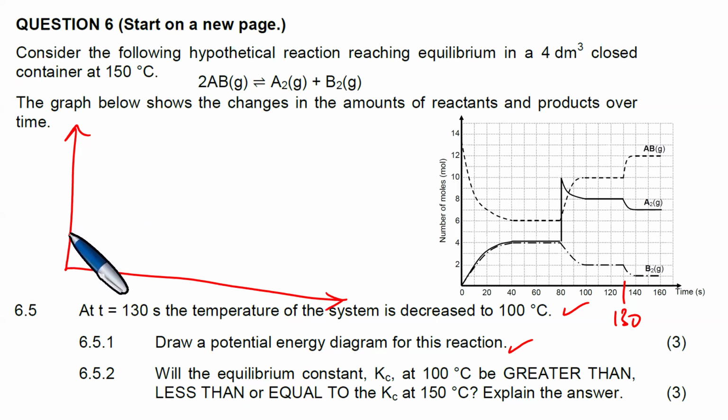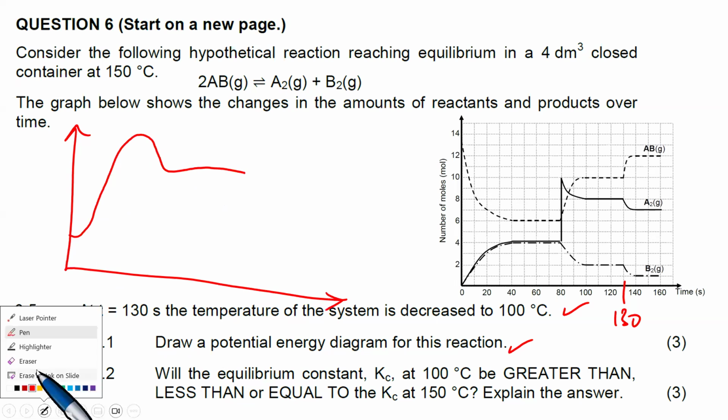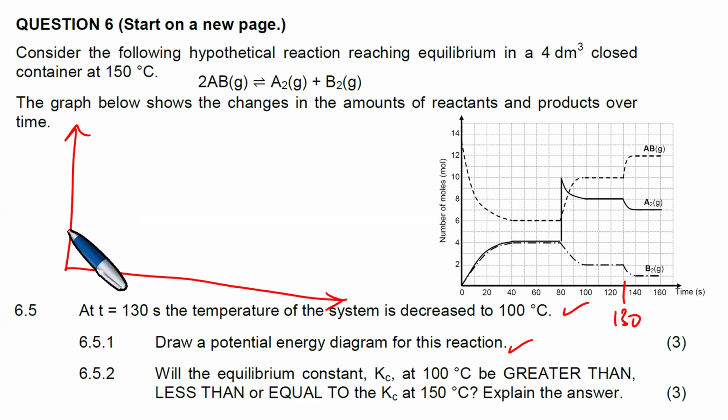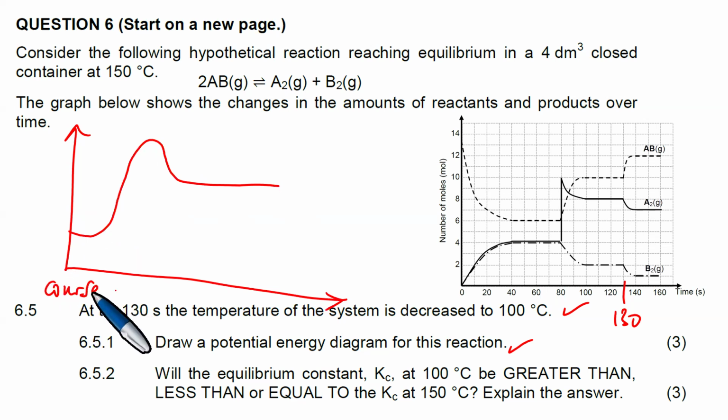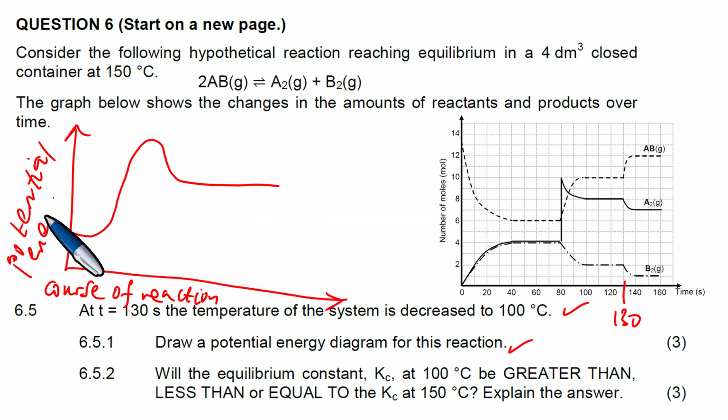From grade 11, this is sort of going to be the graph. Let me draw a clearer graph. This is sort of going to be the graph, which means the course of reaction, potential energy.